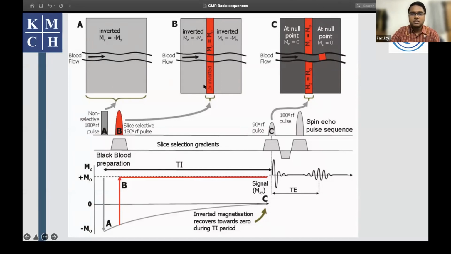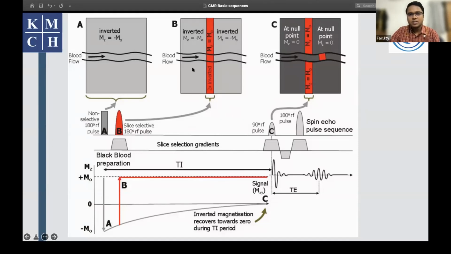Because the slice which is to be imaged experiences two 180-degree pulses, it experiences two inversions, and hence it is again in the direction of the main magnetic field, whereas all the other protons that are outside the slice that is to be imaged are inverted.